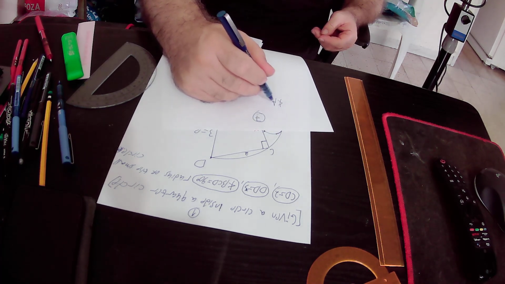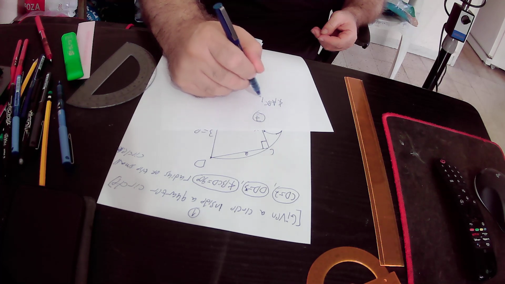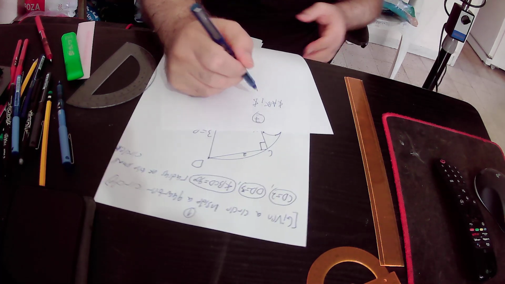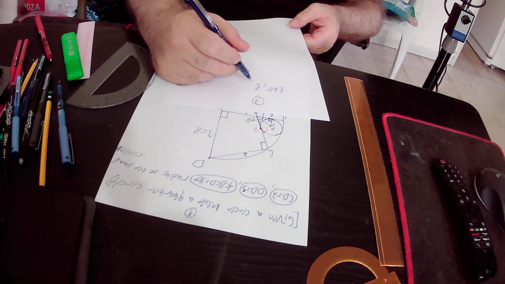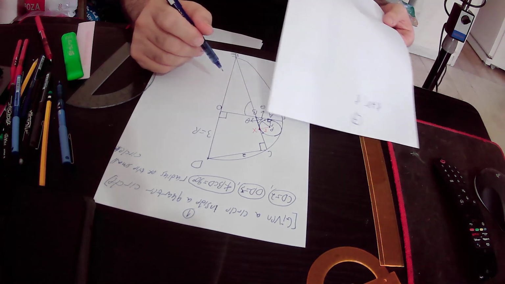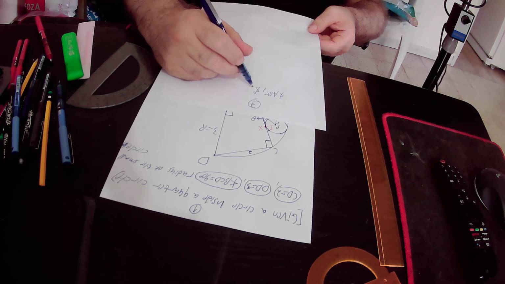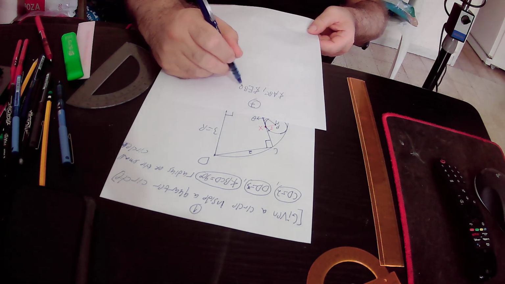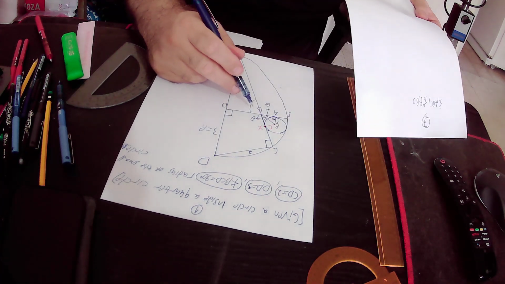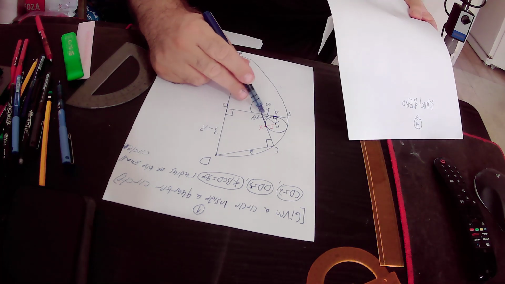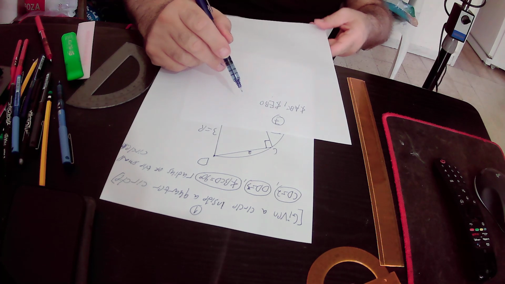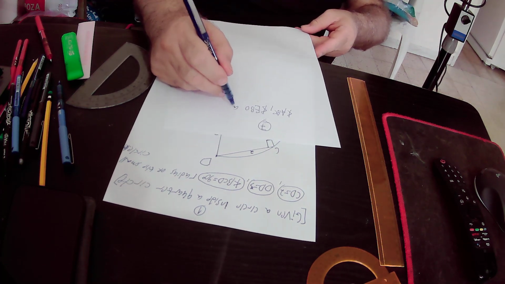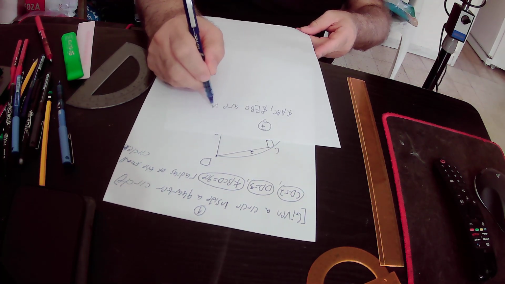Angle ABC and angle EBO, this angle and this angle, are vertex angles.